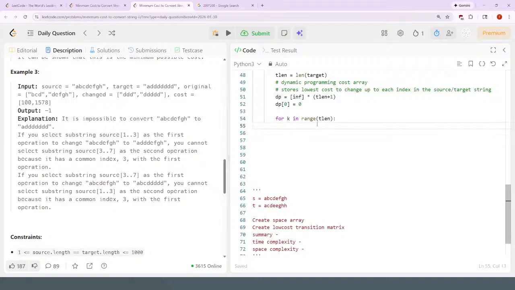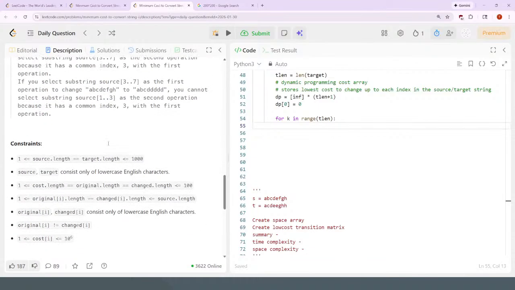For K range T length. So anyways, if I'm at index 0, I'm trying to change something with A to something with this. It could be that it doesn't need to get changed at all, but every possible thing needs to be considered. So everything that matches starting with A, B, C, D, E. I guess there's only 200 things at most.